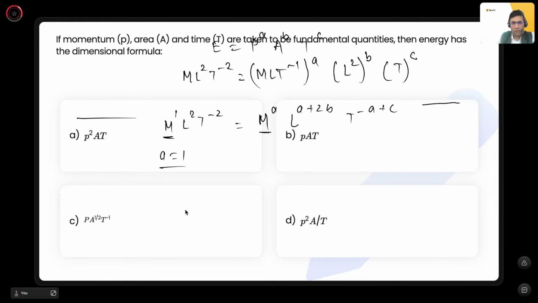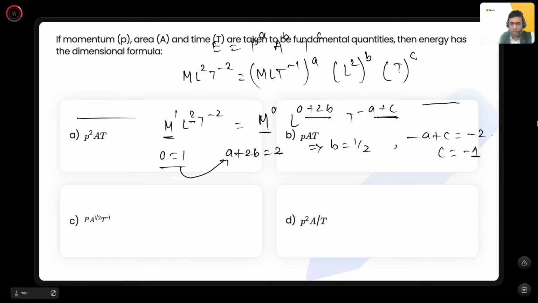A plus 2B is 2, so put the value of A over here, and B will be equal to 1 by 2. And from here, minus A plus C will be equal to minus 2. A is 1, so C is equal to minus 1.